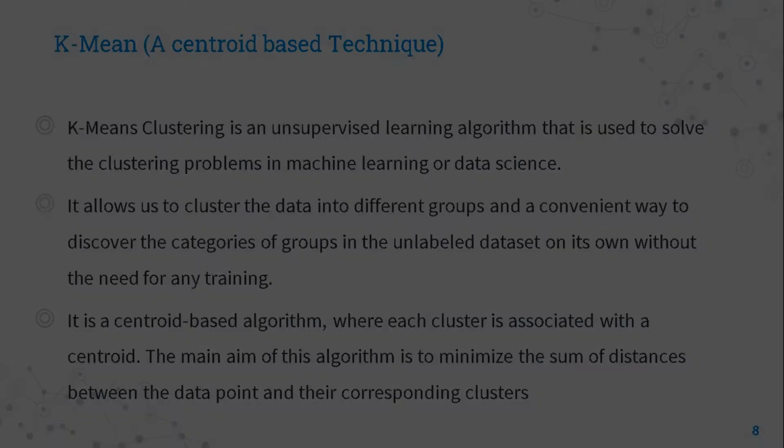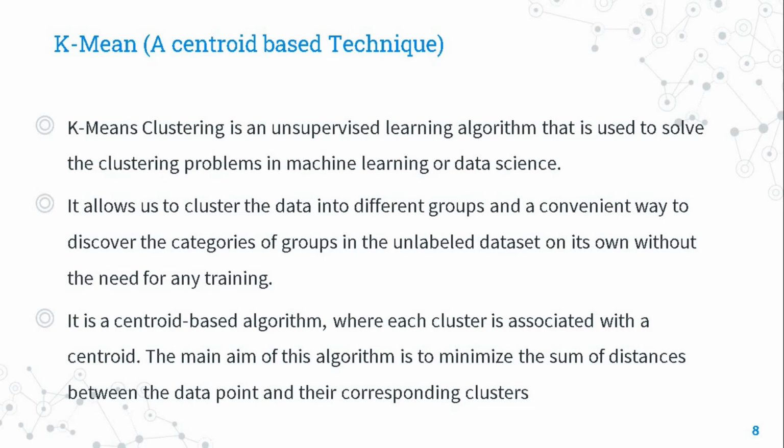Next is K-means. K-means clustering is an unsupervised learning algorithm that is used to solve clustering problems in machine learning or data science. It allows us to cluster the data into different groups and is a convenient way to discover the categories of groups in the unlabeled dataset on its own without the need of any training.